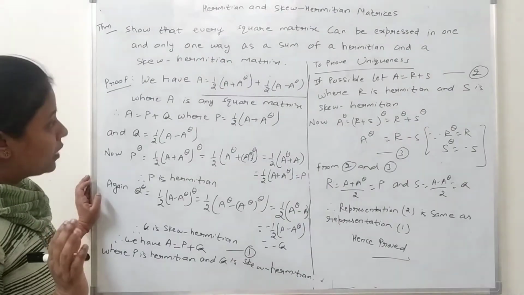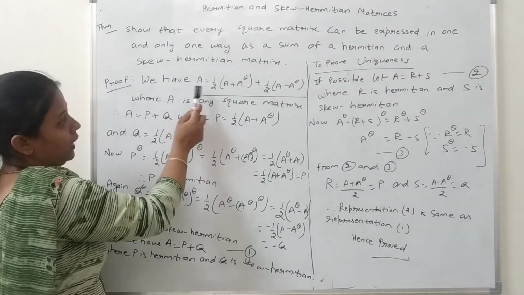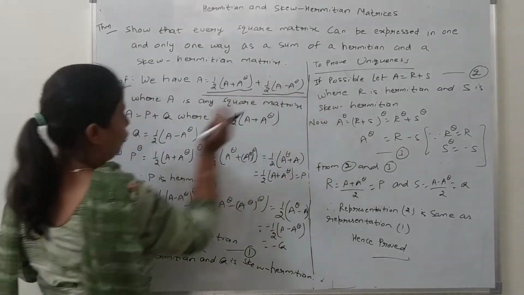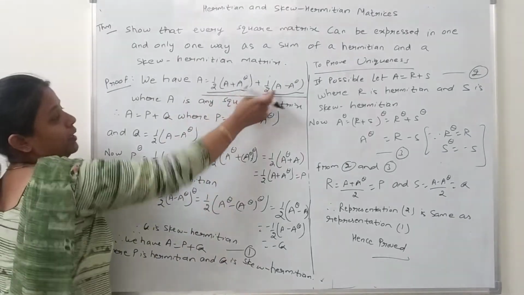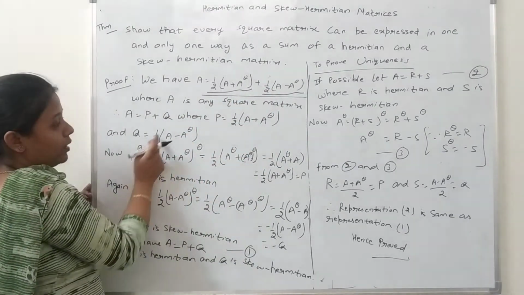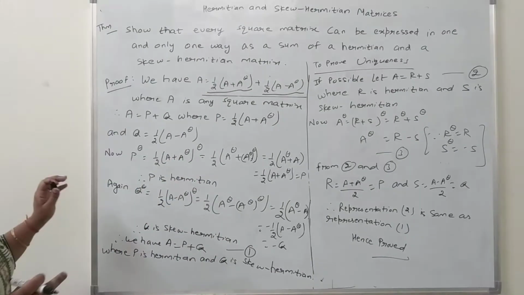Therefore A is written as P plus Q, where P is half (A plus A theta) and Q is half (A minus A theta).